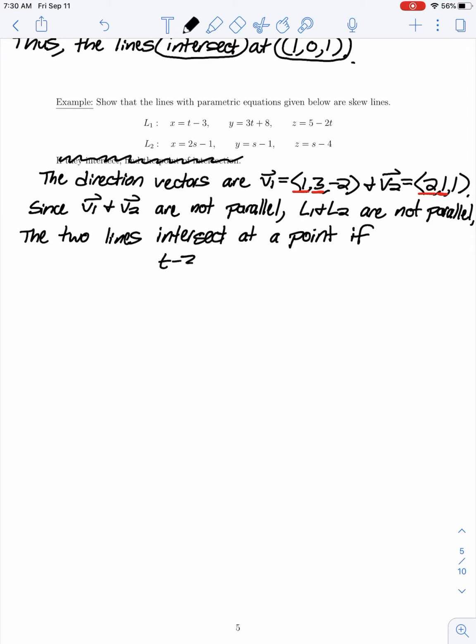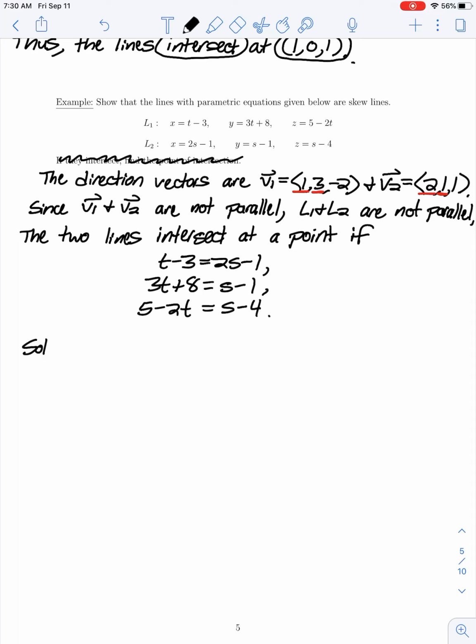So that is if t minus 3 is equal to 2s minus 1. If the y coordinates are the same, so if 3t plus 8 is equal to s minus 1, and if the z coordinates are the same, 5 minus 2t is equal to s minus 4. So we want to see if this system of three equations has a solution.